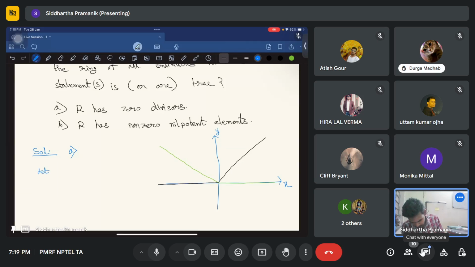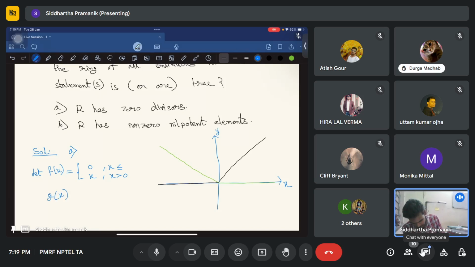We can also write these functions. Let f equal 0 when x is less than 0, and it is exactly equal to x when x is positive. This is the first function, which I drew in black.